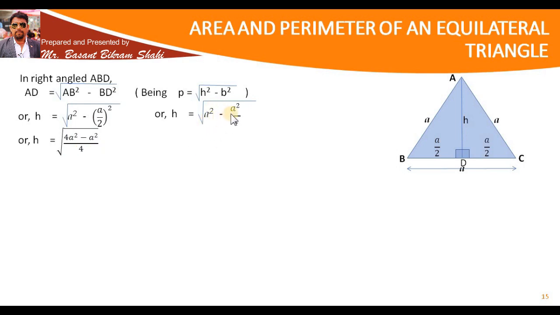We have taken LCM here. If nothing is written under A square, that is 1. So the LCM of 1 and 4 is 4. So 4A square minus A square is 3A square over 4.